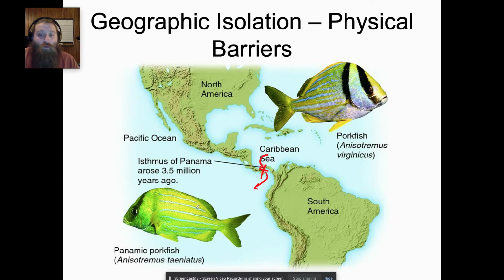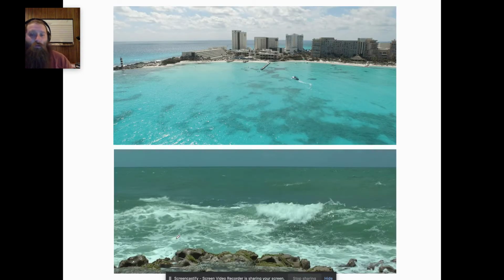So if we look at porkfish, which are a pretty common species in both the Caribbean and the Pacific, and we compare the porkfish that live in the Caribbean to the porkfish that live in the Pacific, we can see that there's definitely a color variation. This has probably arisen from the fact that the water of the Pacific and the water of the Caribbean are very different colors.